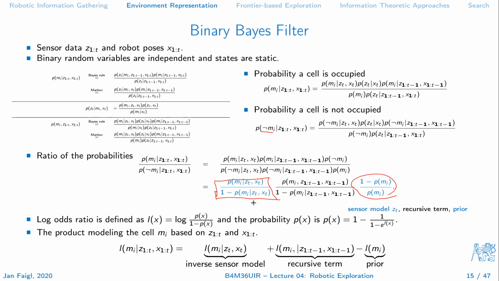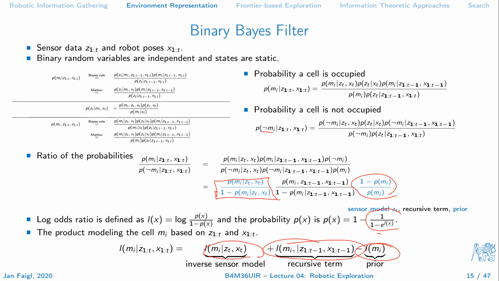And once we have this, we can also use the log odds ratio, defined as say information, the logarithm of probability divided by 1 minus the probability, and you can consider from that the probability is this term. So we can set up the inverse sensor model, the recursive term, and the prior.